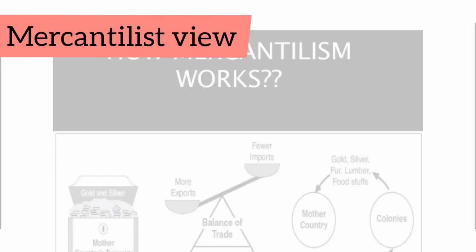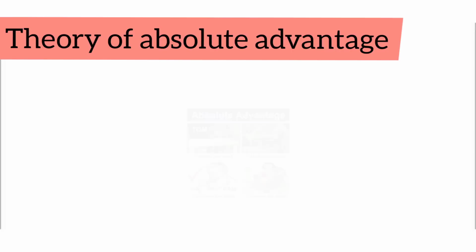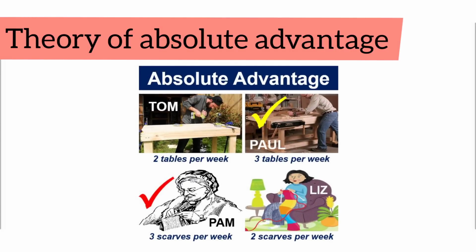Then the next theory is the theory of absolute advantage. In the theory of absolute advantage, Adam Smith was always in support of unrestricted trade. That means there must be no trade restriction between any two countries, and international competition must be free.